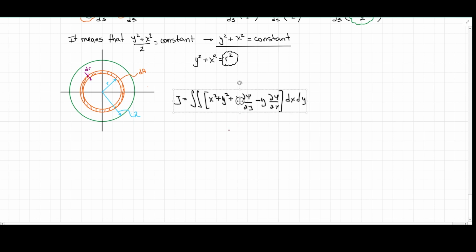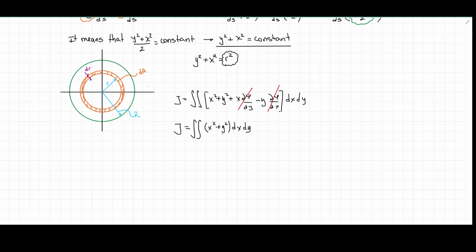In this case, I know that these terms are not existing here. Then I can rewrite this in a simplified way. J, the torsional constant, is the double integral of x squared plus y squared times dx dy.